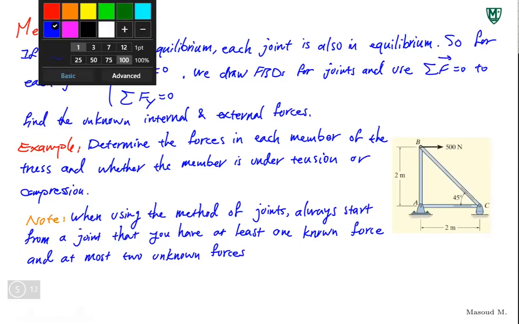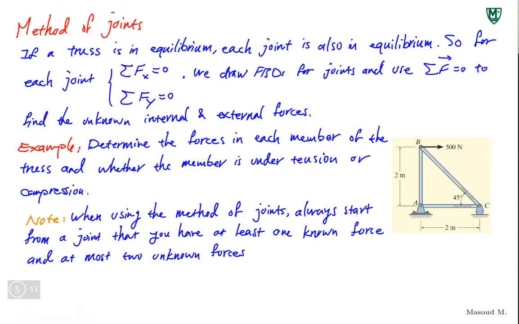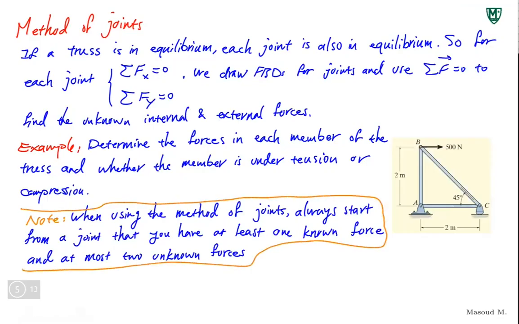Very important. You have to deal with this a lot. Deciding where to start is going to help you. So when you look at a truss, you want to decide where to start. You start from a joint that has at least one known force and at most two unknown forces. You should not have more than two unknown forces, and you should have at least one known force. Keep that in mind.